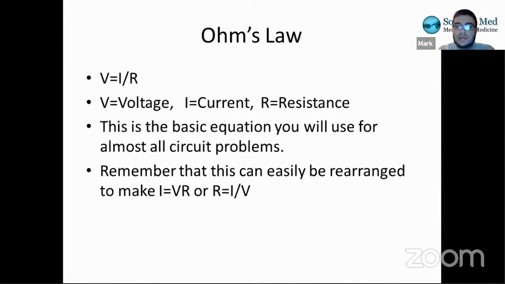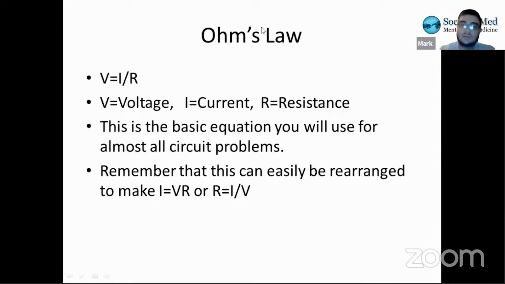For our purposes, next we'll be looking at Ohm's Law, right? This is a classic formula that I'm sure you've seen many times in your undergraduate physics courses. It's basically the fundamental equation you'll use for almost any circuit problems.